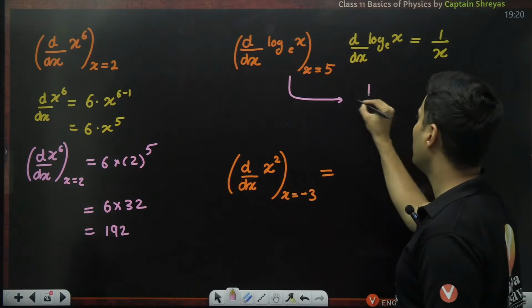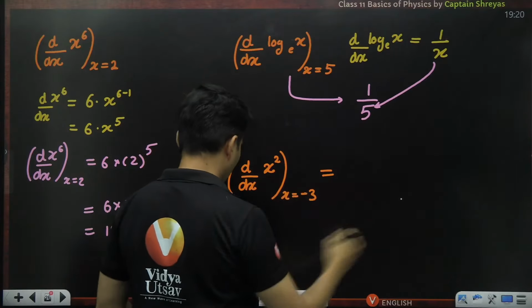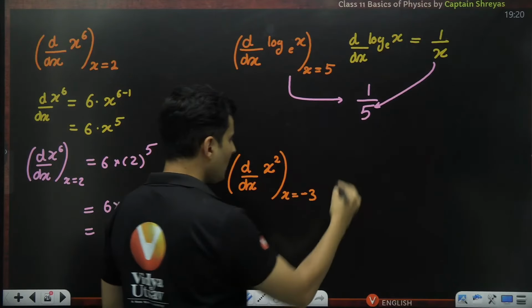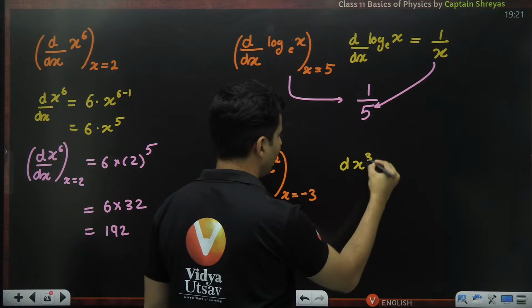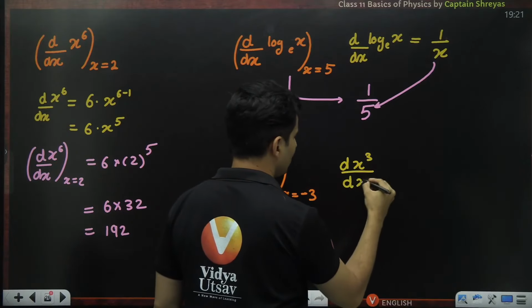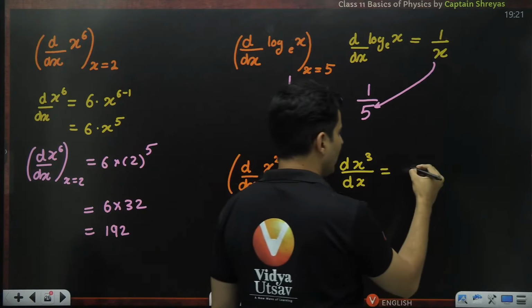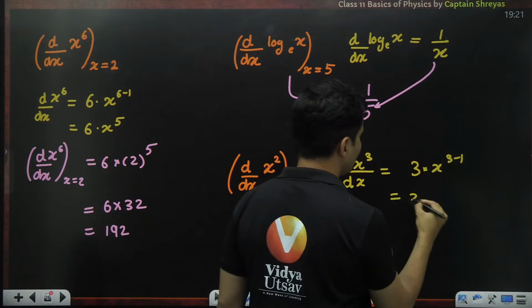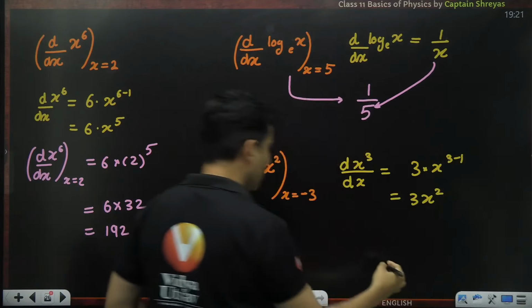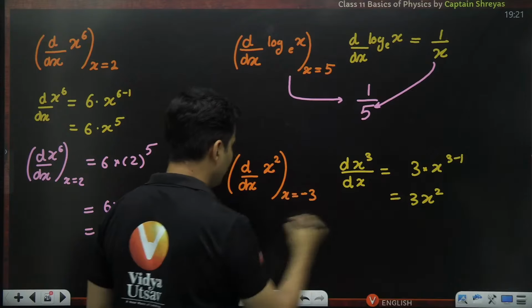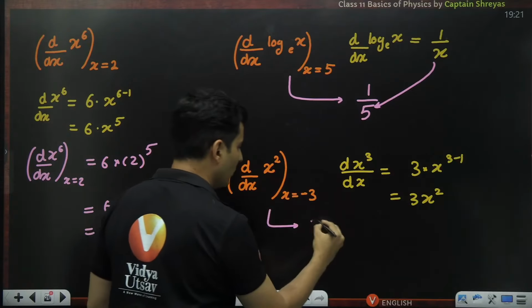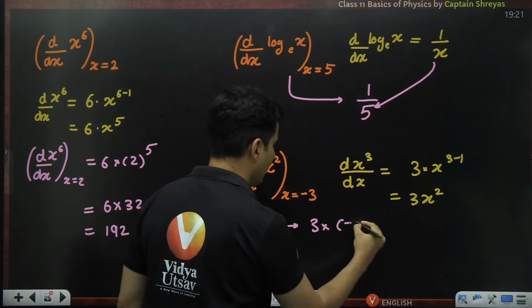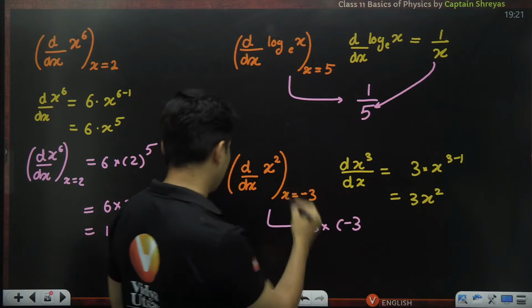That's it. Perfect. So again, for this particular question, just try to find the derivative of x cube, my dear students. It will be nothing but 3 multiplied by x raised to 3 minus 1, which is basically 3x square. So now you just need to substitute the value of x as, oh sorry, this was x square, my bad.